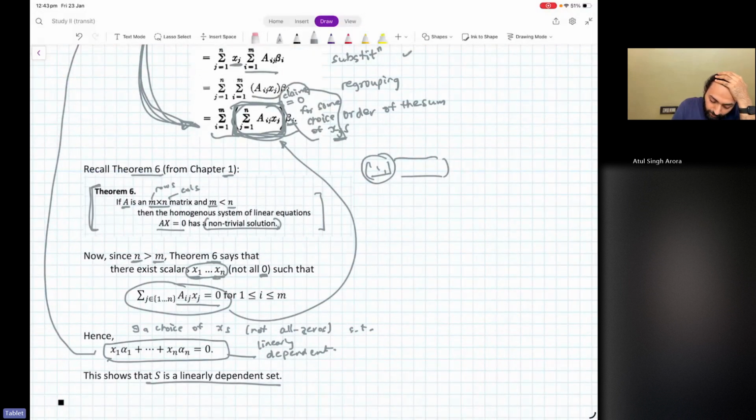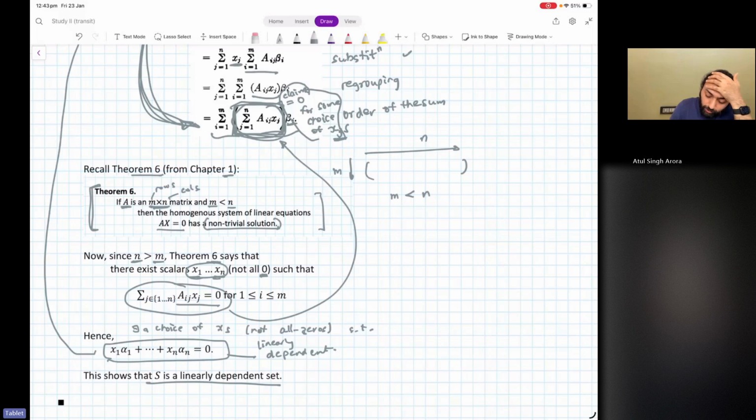So Theorem 6 was saying that if you have a matrix A that has more columns than rows, so a matrix like this, it's a long matrix. So n is, this is m, and we have m is strictly smaller than n. So the number of columns is higher. Then we know that the homogeneous system of linear equations has a non-trivial solution.